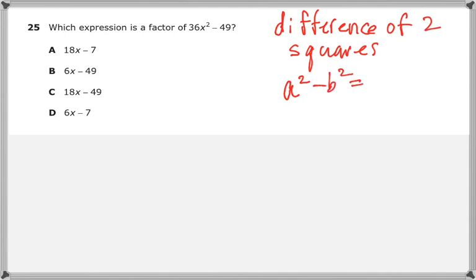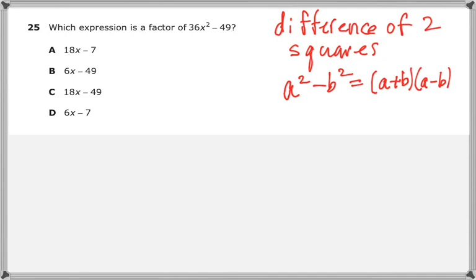And this can be rewritten as a product of two binomials, a plus b, a minus b. This is useful all throughout your math career. It doesn't go away, so it's good to know. Even once you get into calculus, you can use this from time to time.